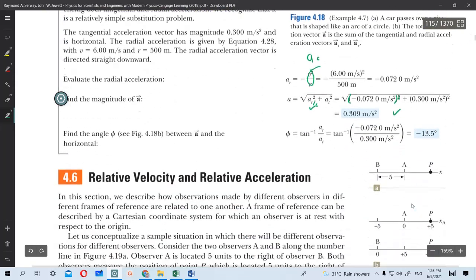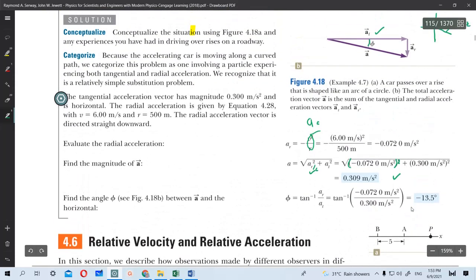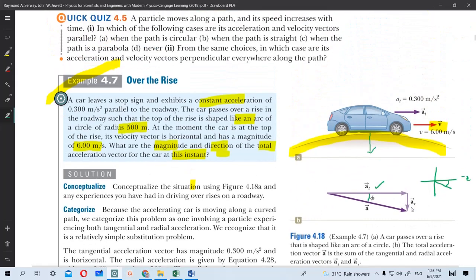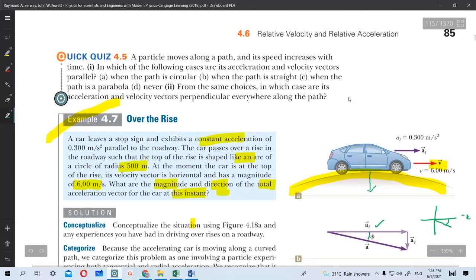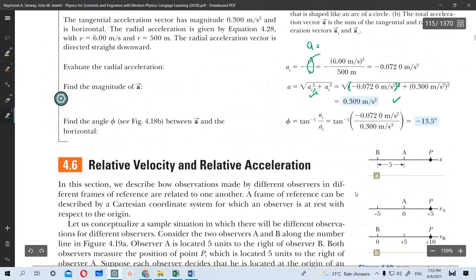We can put down negative here because we have a proper figure. In the case that you don't have a proper figure, let's say this question is repeated but without a figure, then it's okay not to put negative. You can simply put positive 13.5 because you are not sure of the direction in terms of how to read the angle, but you are aware of the angle itself.